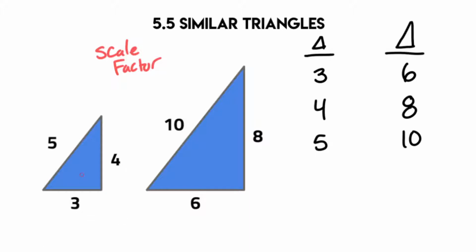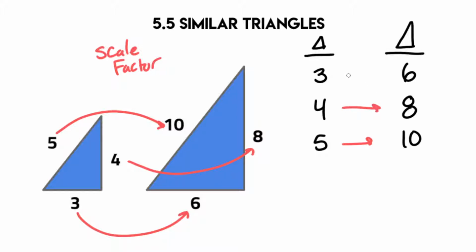In other words, when this dilated, 3 turned into a 6, 4 turned into an 8, and 5 turned into this 10. And that's important because this is what's going to tell us what our scale factor is. And again, we can see this very clearly over here. 3 turned into 6, 4 turned into 8, and 5 turned into the 10.